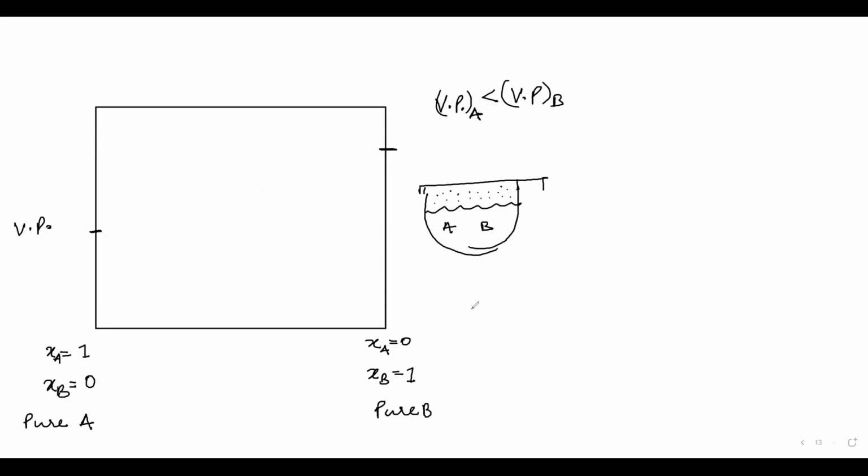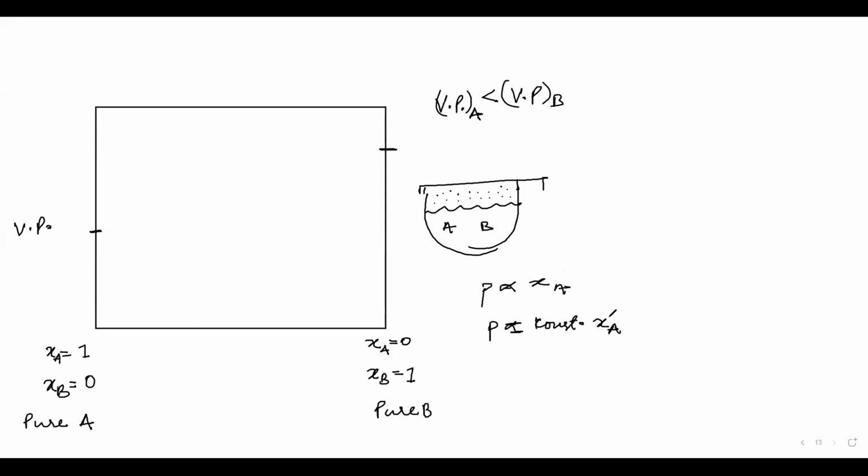Now let us imagine. I want to see what the pressure is. The pressure is directly proportional to chi A or chi B. Now, when it is pure A, the pressure will be equal to some constant into chi A. Correct?